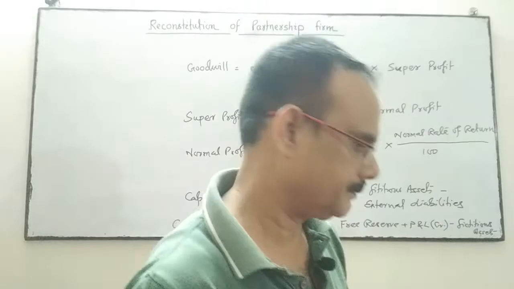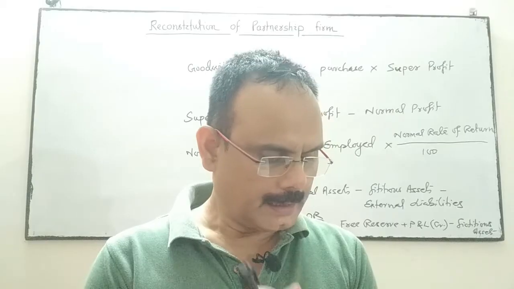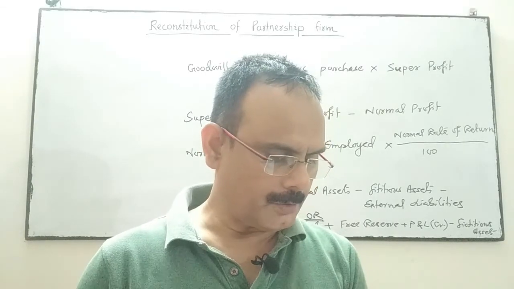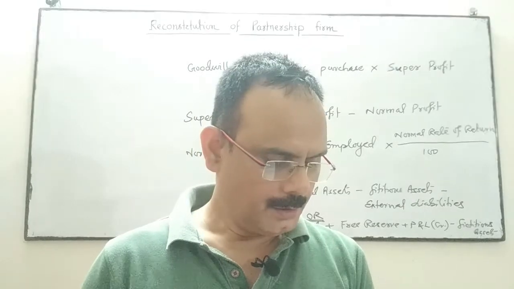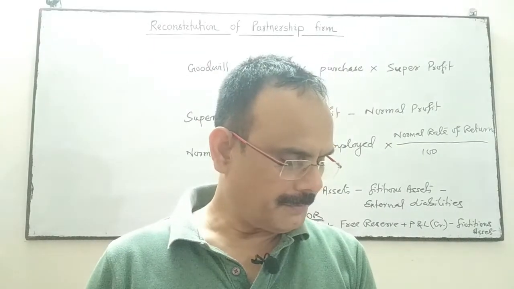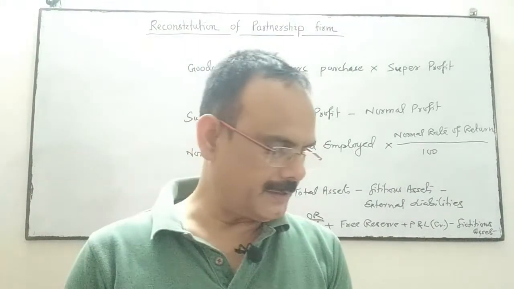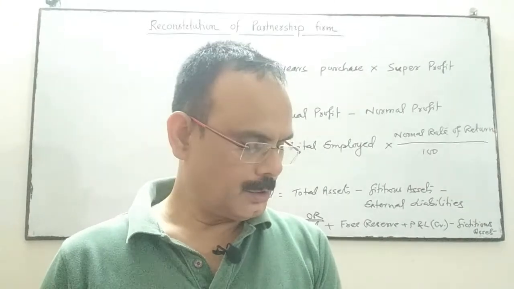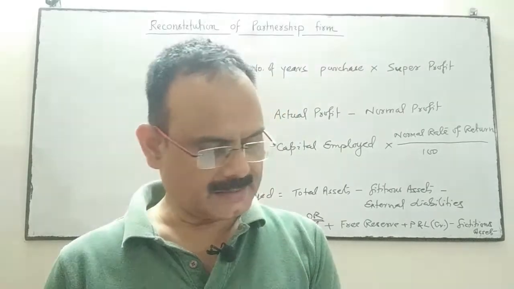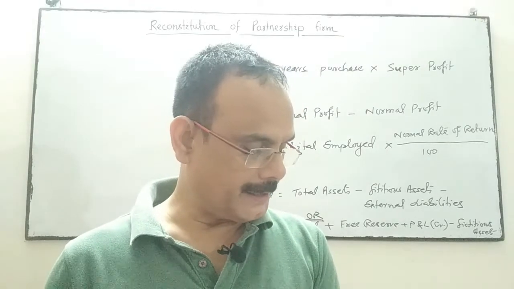Now see one question. The capital employed in a firm on 31st March 2019 was 5 lakhs. The firm had earned profit during the last 5 years as: 2015, 60,000; 2016, 80,000; 2017, there is a loss; 2018, another profit; 2019, profit.